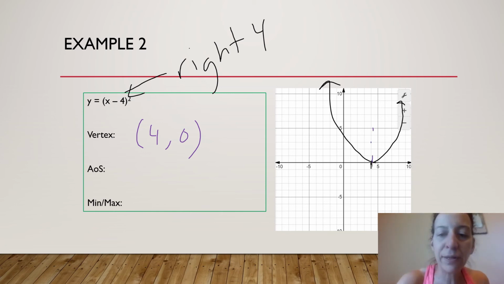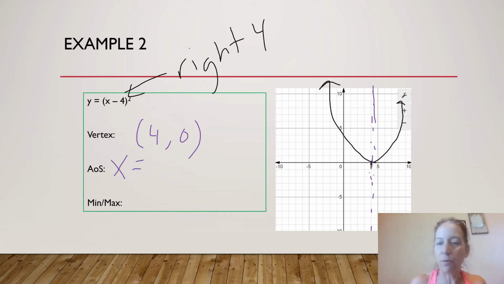The axis of symmetry is running straight through that parabola, right through the middle. And remember, axis of symmetry starts with x equals, and what is it here? X is equal to 4. Okay, now minimum, maximum. Minimum, maximum is the highest or lowest point that the parabola reaches, which in this case is y equals 0.